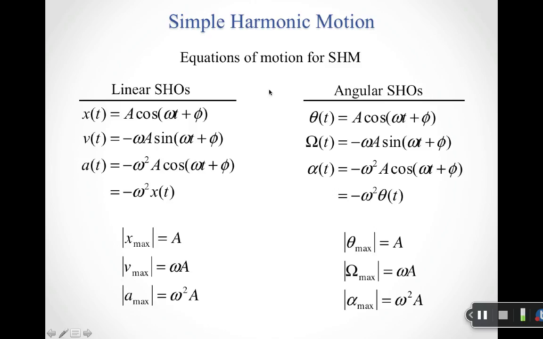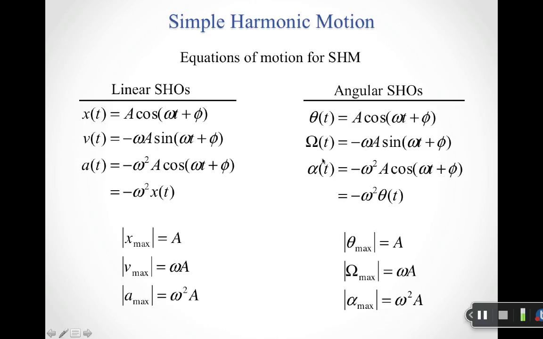So in the same way this is linear displacement, linear velocity, linear acceleration, this is angular displacement, angular velocity, angular acceleration. And the only thing we're doing is just switching around to the capital omega because we're already using lowercase omega as the angular frequency here. But I can take the derivative of the angular velocity with respect to time to get the angular acceleration.